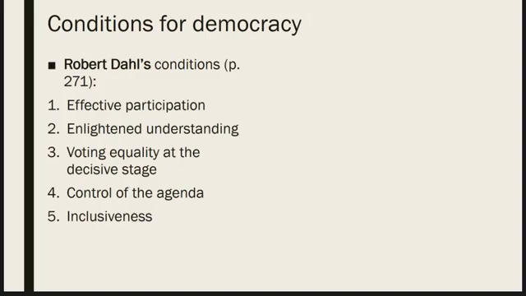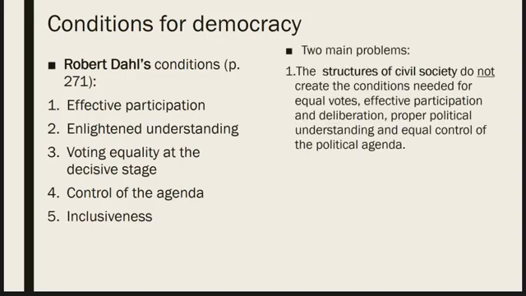Now, Held goes through a number of the weaknesses of some of the previous models discussed earlier in the textbook to conclude that there are two main problems. The first problem is that the structures of civil society do not create the conditions that are needed for equal votes, effective participation in deliberation, proper political understanding, and equal control of the political agenda.